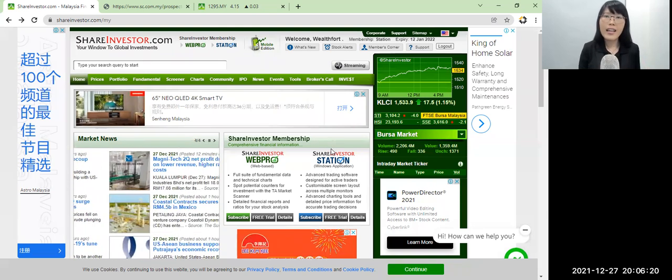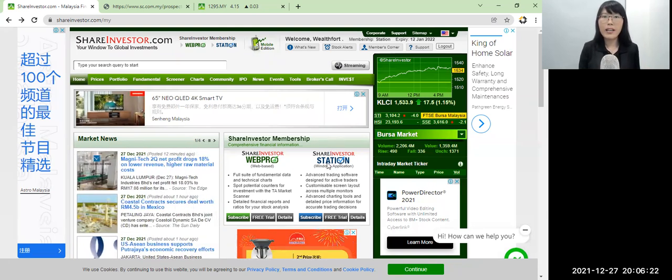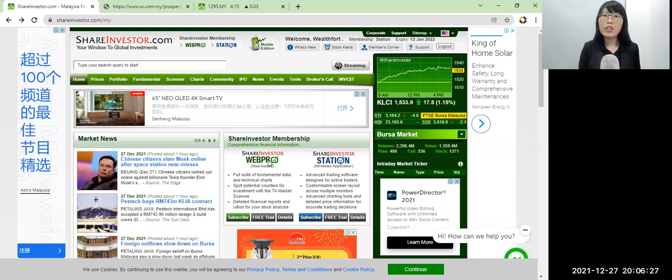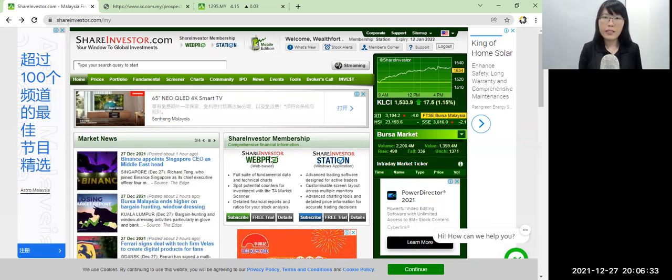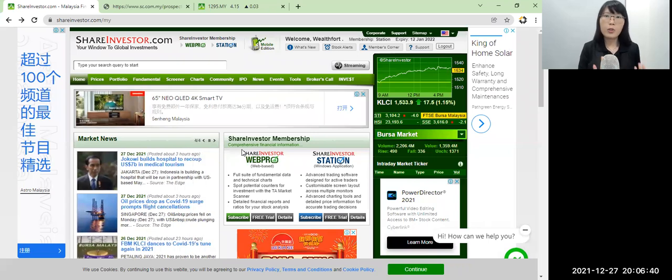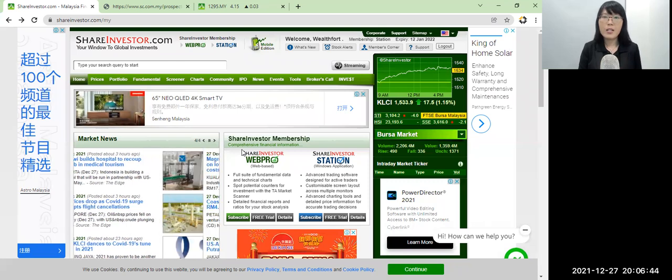You can find 10 levels of market depth. But in ShareInvestor WebPro, you can't find the market depth. In ShareInvestor Station, you can also find the dynamic chart. In our next video, I would like to share with you what the functions of ShareInvestor Station are.